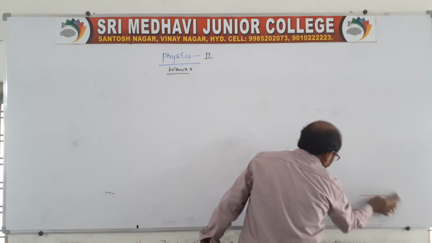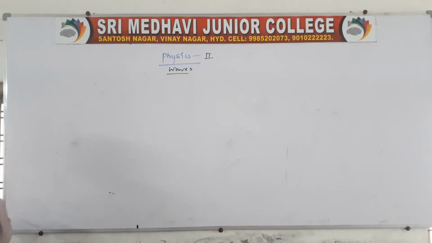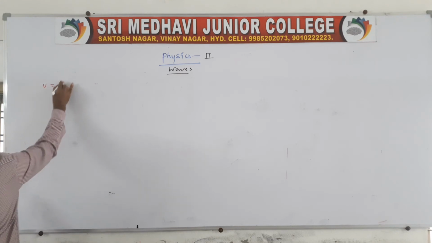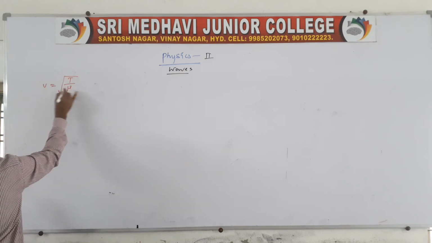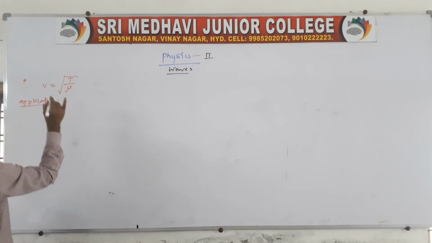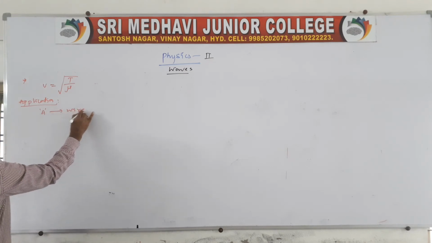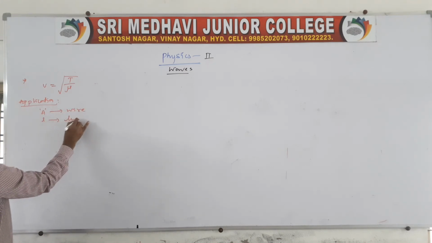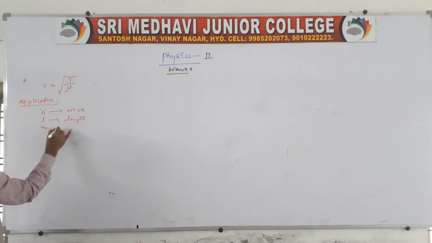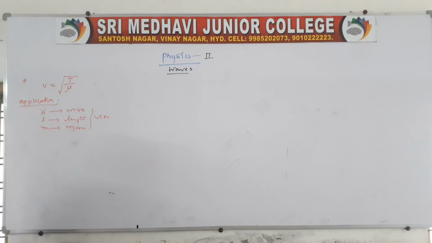The speed of the transverse waves is v is equal to root over t by mu. Suppose A is the area of cross section of the wire, L is the length of the wire, and M is the mass of the wire. The given wire is like this, or use a string.